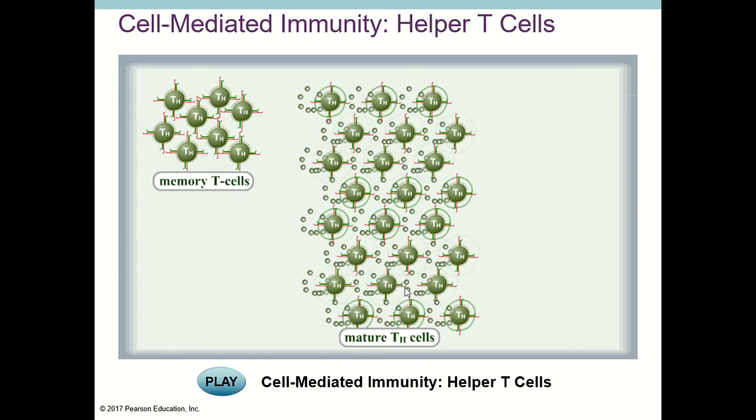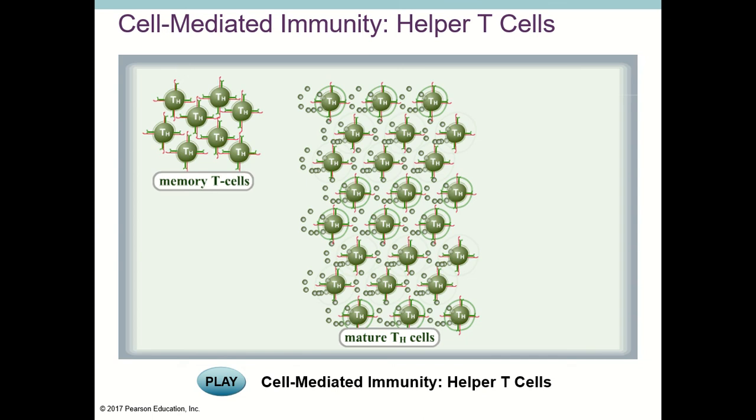Now keep in mind that helper T cells are going to express a receptor called the T cell receptor, and they're going to work by means of the CD4 receptor, which binds to a major histocompatibility complex found on certain antigen presenting cells.